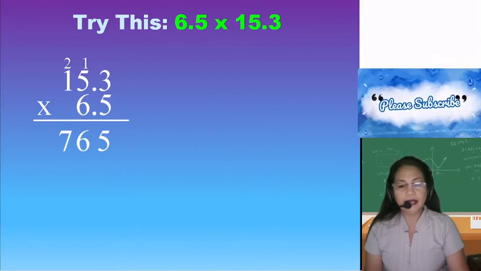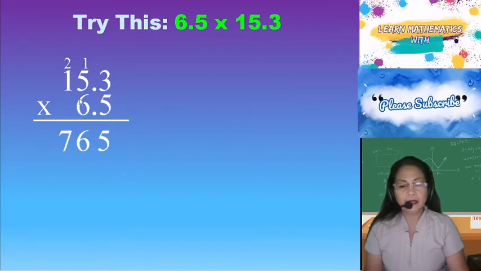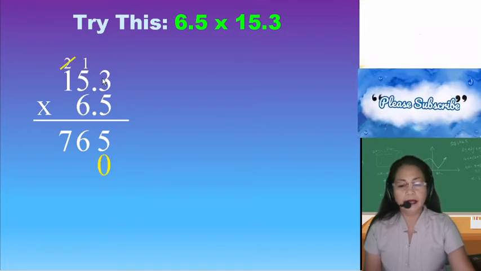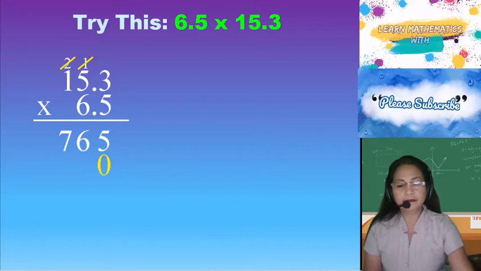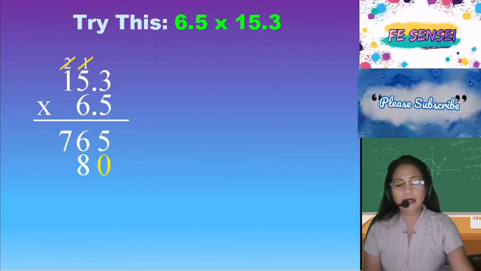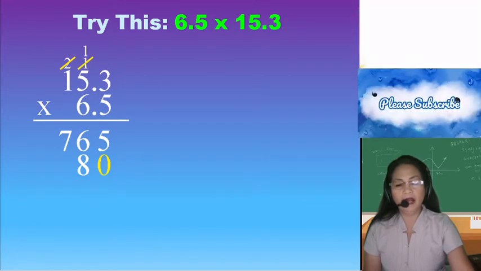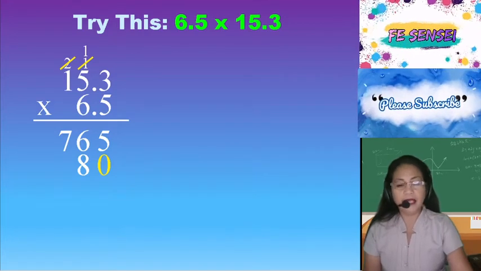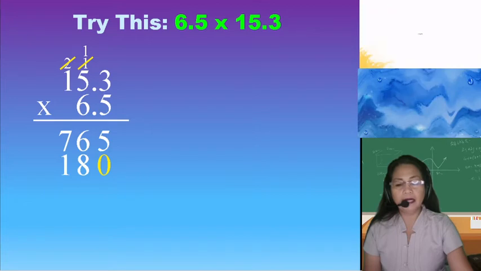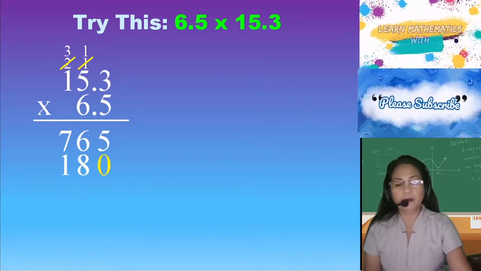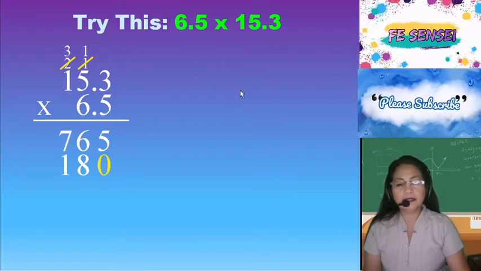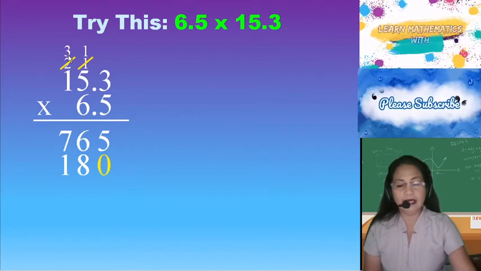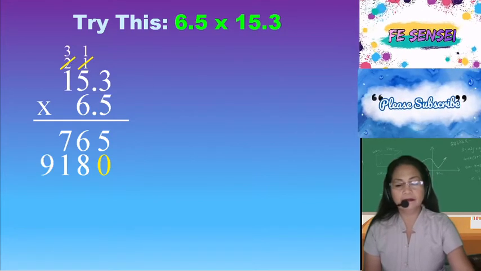Then the next number, 6 times 3 is 18, carry 1. 6 times 5 is 30, plus 1 is 31. 1 carry 3. 6 times 1 is 6, plus 3 is 9.